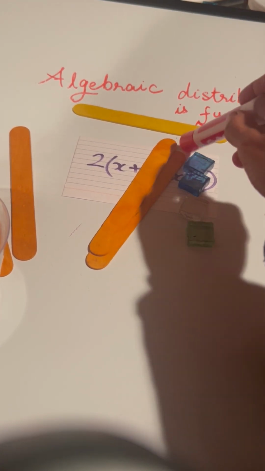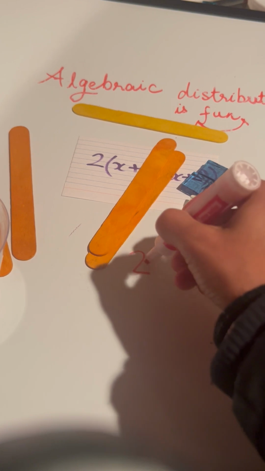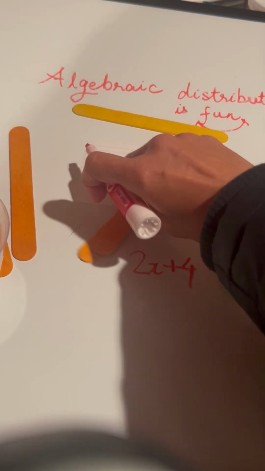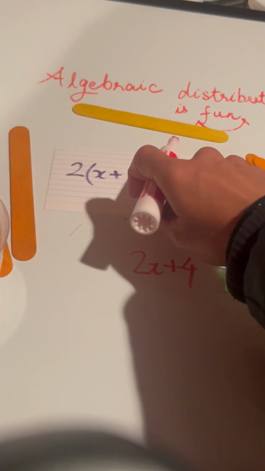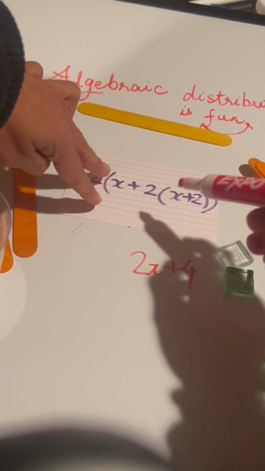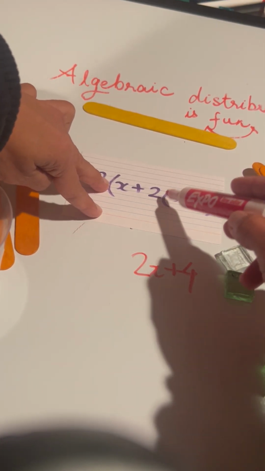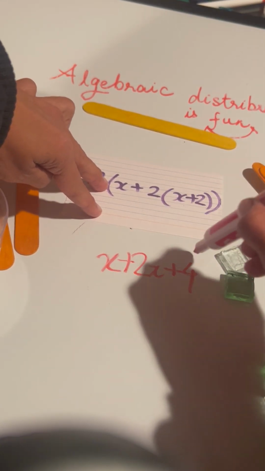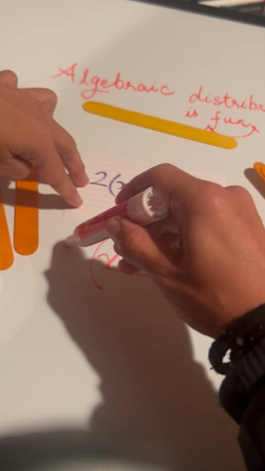Again, keep these separate and these separate. So let's write that down, 2x plus 4, correct? And with that, I'm going to move these away. So far, I was able to break this down as 2x plus 4. Now comes the other x. So let's throw this all in here like this.